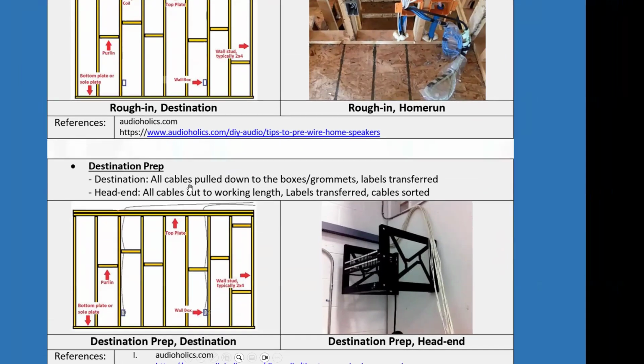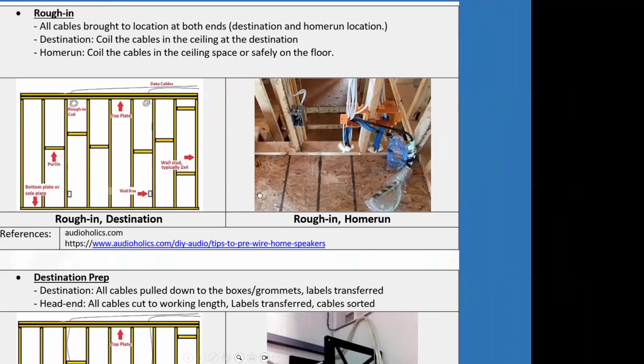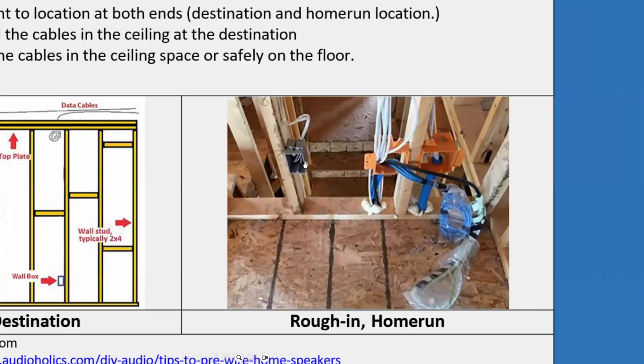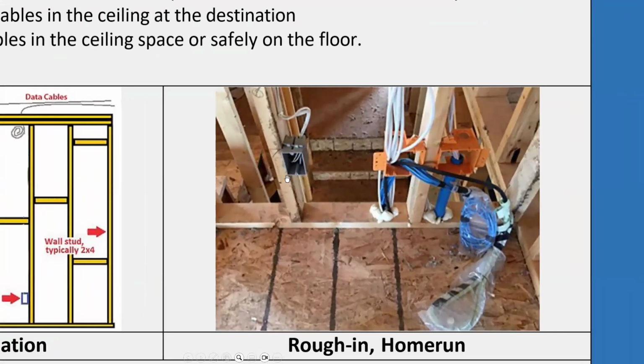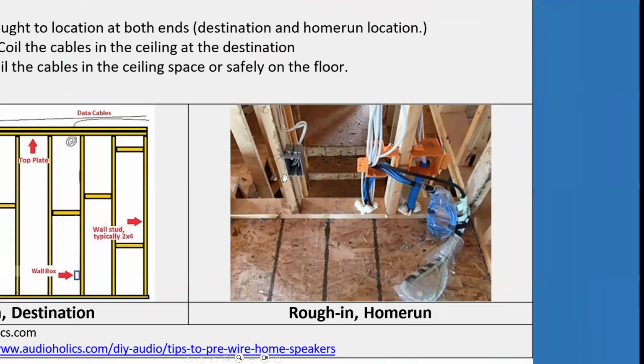So destination prep. All cables pulled down to the boxes, grommets, labeled boxes or grommets. What's a box? Well, this is a box, device box. This is a device box. Sometimes you put just a faceplate grommet. It's not a box, but it's a mounting that mounts onto the drywall.